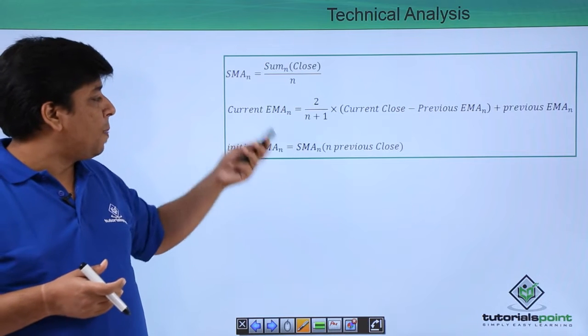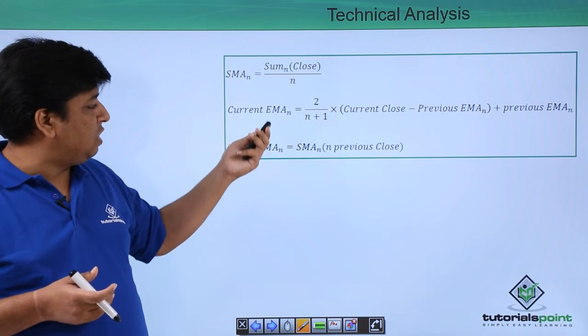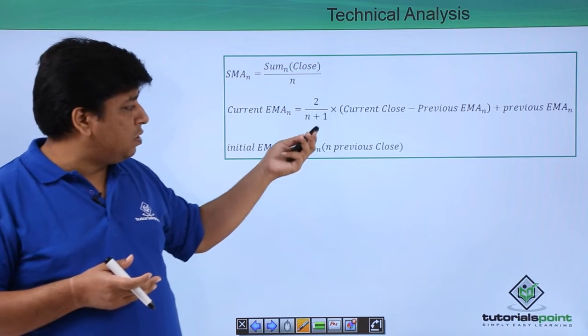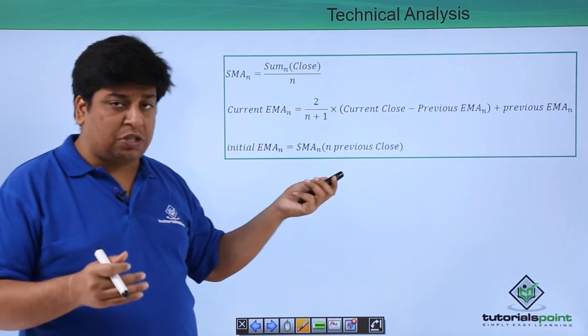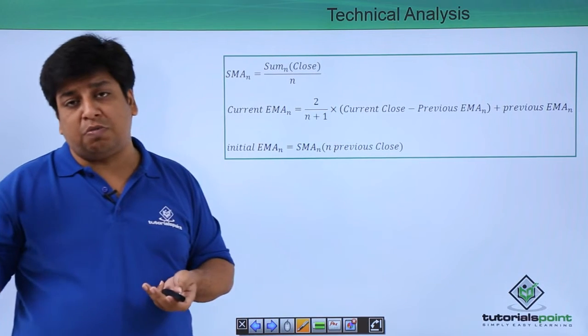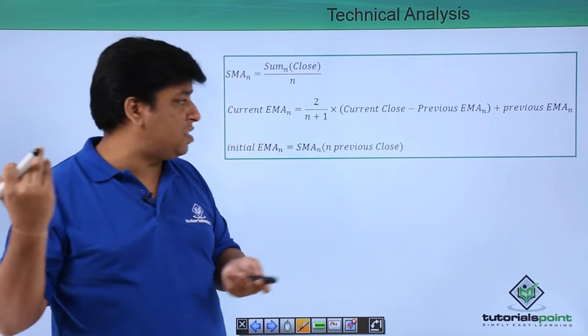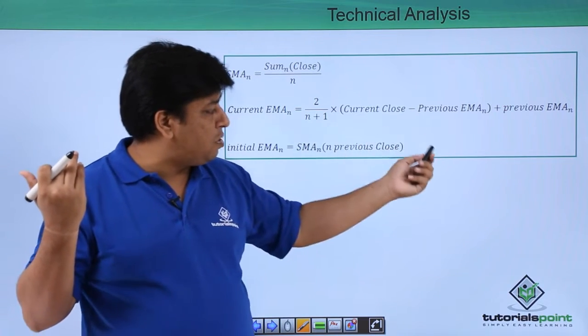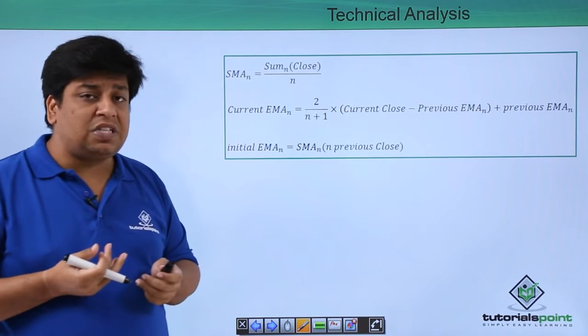But when it comes to exponential moving average, the formula is 2 divided by n plus 1, into bracket open, current close, that means the closing price of the current day, minus previous EMA, whatever exponential moving average you have calculated for the previous day. This you deduct from the current close, and then you close the bracket and you add previous EMA.